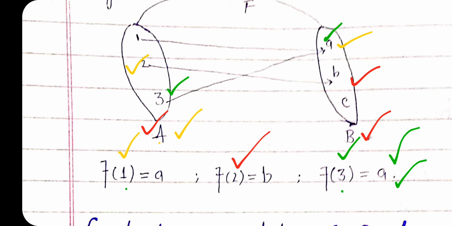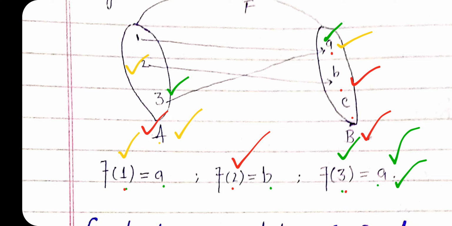It means the elements of the domain are 1, 2 and 3, and the elements of the codomain are a, b and c. But the elements of the range are a, b and a.